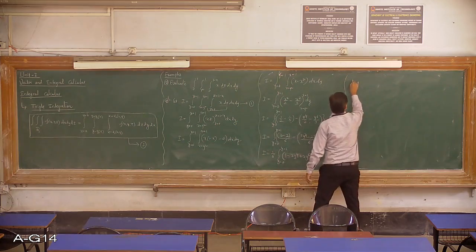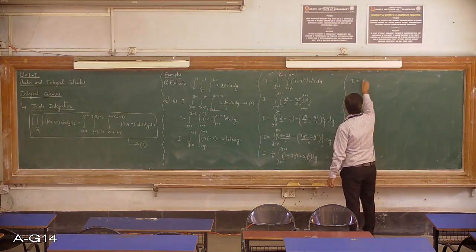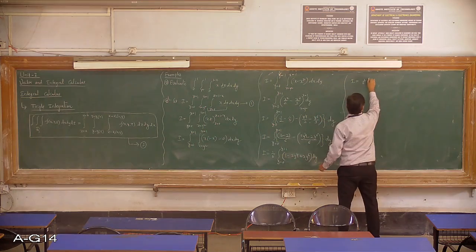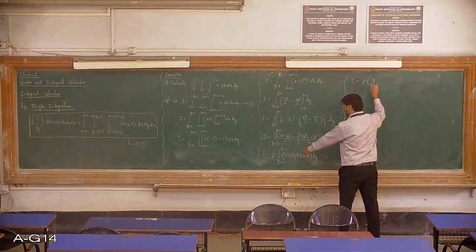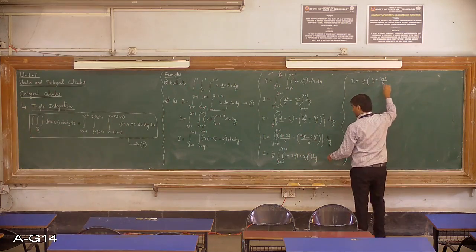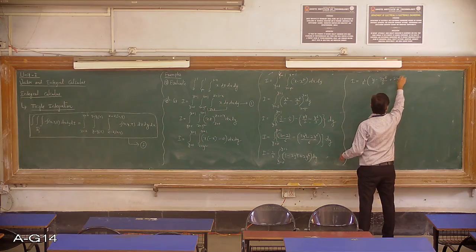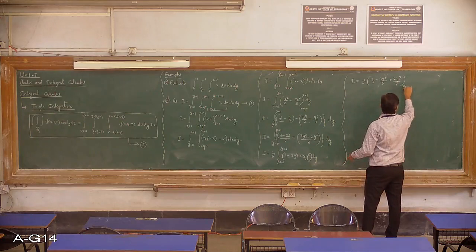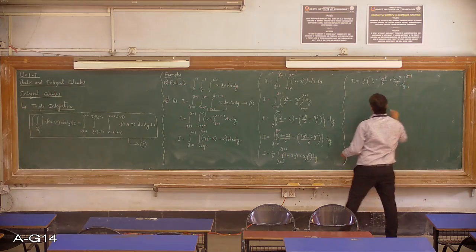Therefore I equals 1 by 6. With respect to y we have to integrate. Here we will get y minus 3y raised to 5 by 5 plus 2y raised to 7 by 7, with y from 0 to 1.